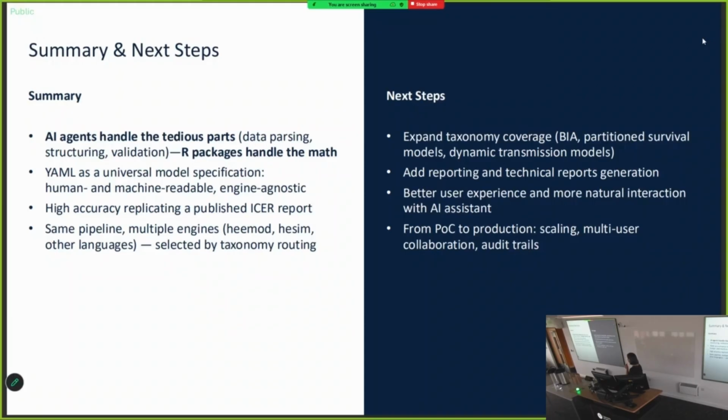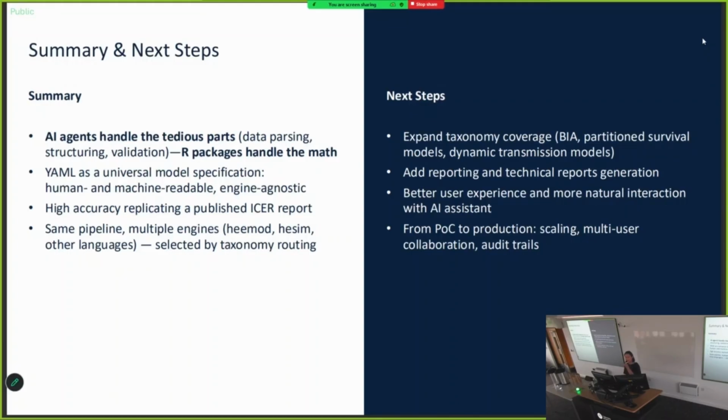So one thing to take away is that we want AI to handle the tedious, the boring parts of the process, like data parsing, validations, etc. And we would like R or other community-supported packages to handle the math.